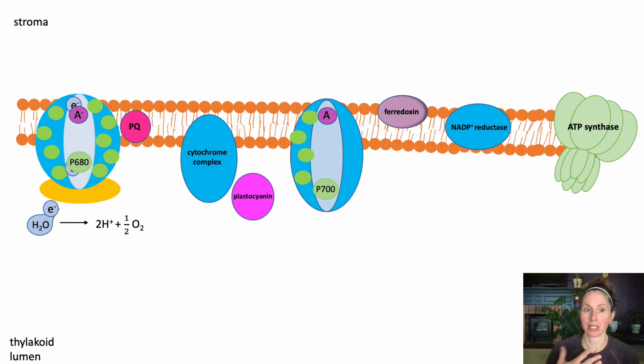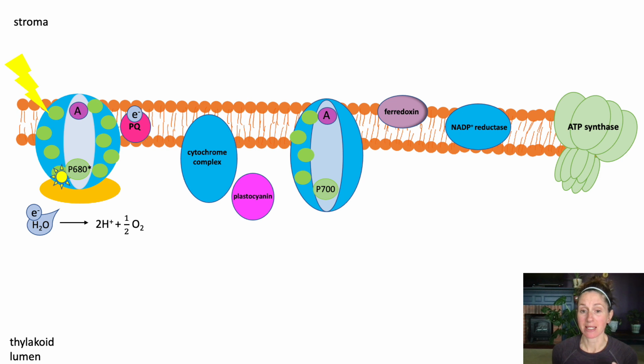Essentially, this is going to keep happening. So the primary electron acceptor donates its electron to plastoquinone, and it is no longer negatively charged. At the same time, P680 is going to get energized again, and its electron is going to get excited.